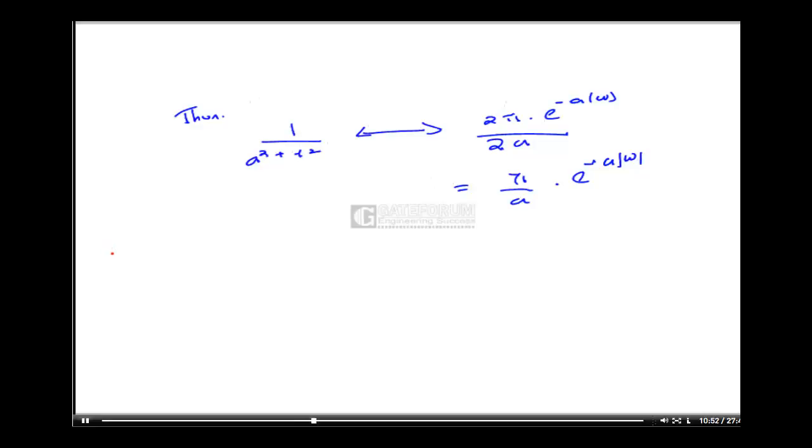Next, another problem, problem number 4. Find the Fourier transform of x(t) equal to the unit step function.